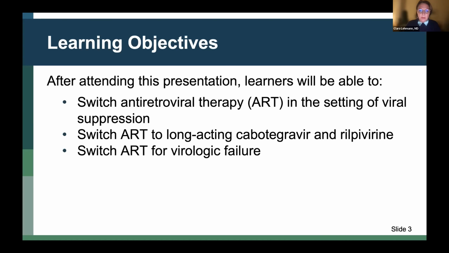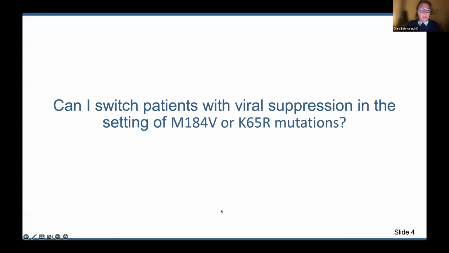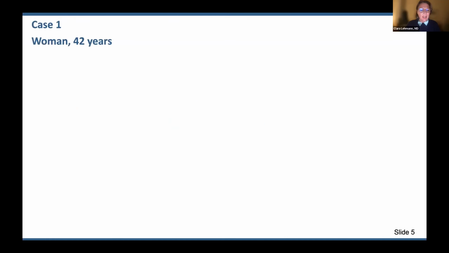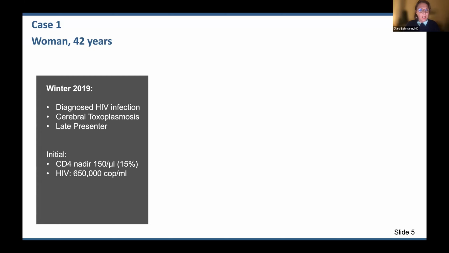I will start with the first case. Can I switch patients with viral suppression in the setting of some mutations, the characteristic ones, M184V and K65R? I will start with a case, a woman, 42 years old.